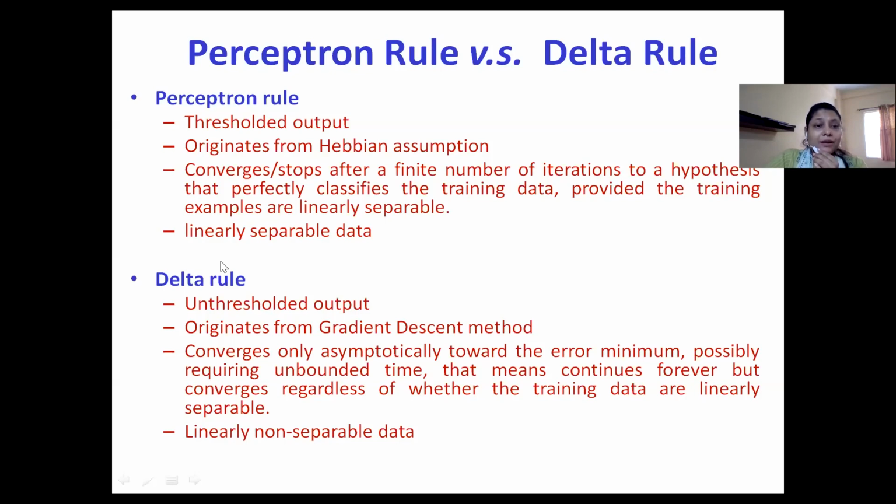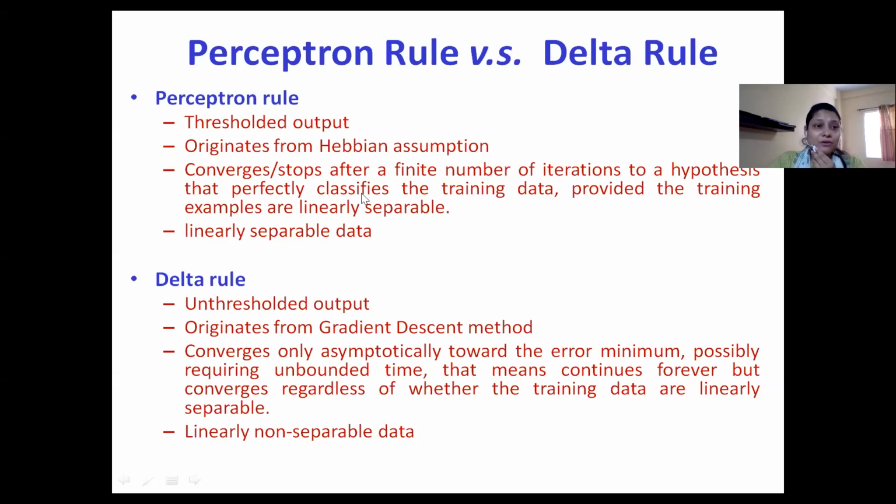So that is why the fourth and last difference I have mentioned here between this perceptron and delta rule is that this perceptron rule exclusively performs on linearly separable data. As you can remember, we have applied this perceptron rule on the OR function, AND function, NOT function.